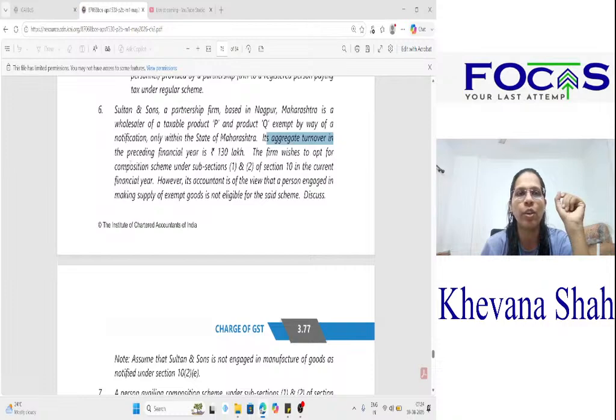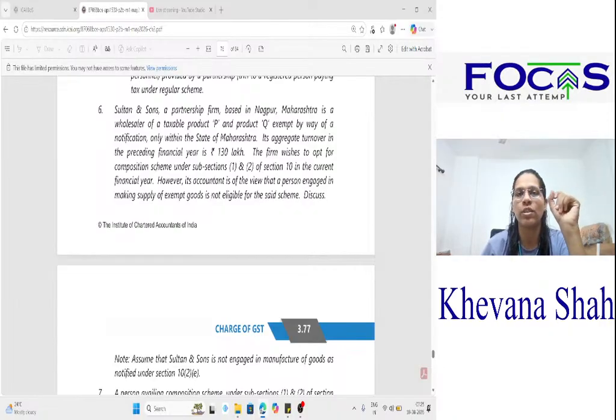Its aggregate turnover in the preceding financial year is 130 lakhs. The firm wishes to opt for the composition scheme under sub-sections 1 and 2 of section 10 in the current financial year. So in order to opt for the composition scheme, what will you check? You will check the turnover of your preceding financial year.